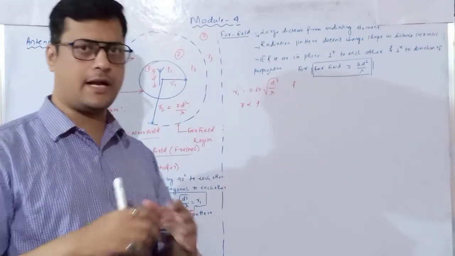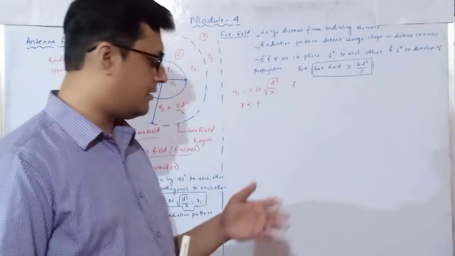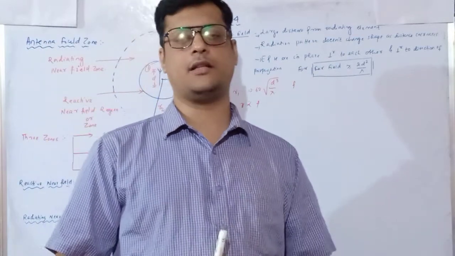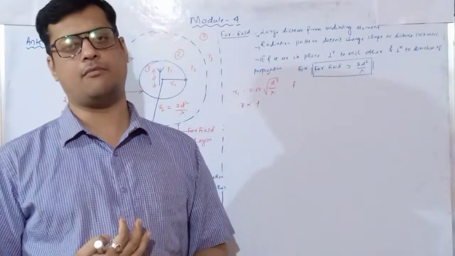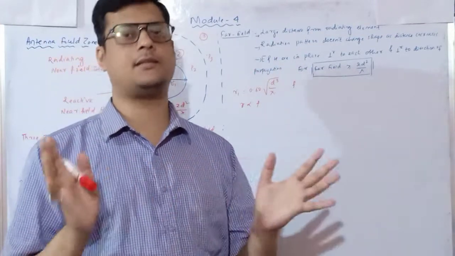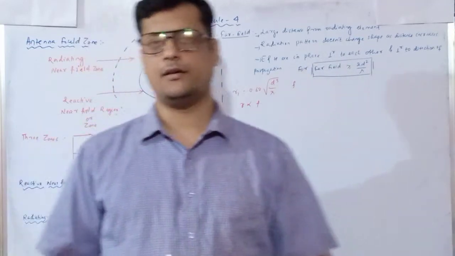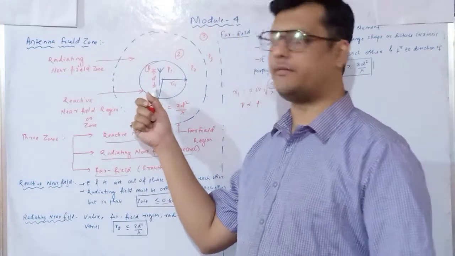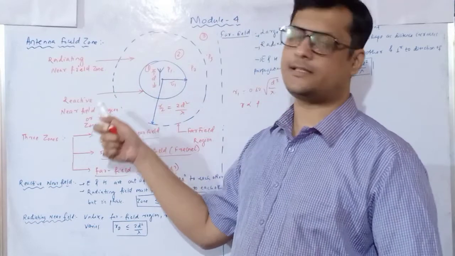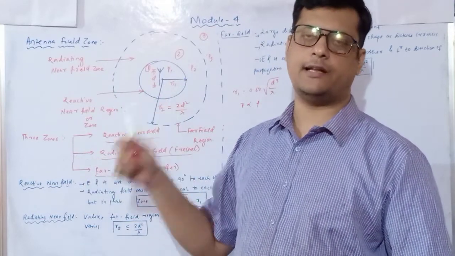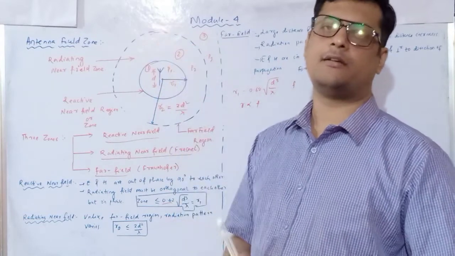Basically, whether you consider a loop antenna, a helical antenna, or a short dipole antenna, it will distribute in these three regions. First is the reactive near field region. Second, which lies between the first and third regions, is the radiating near field region. And the last one is the far field region.